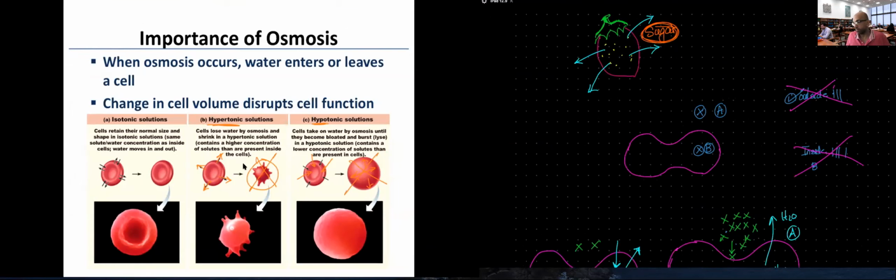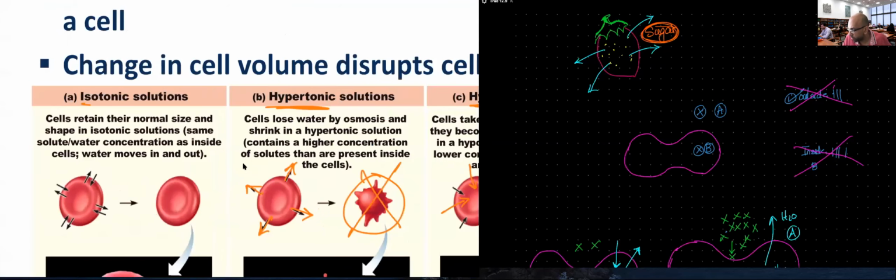Neither. They should be equal. Again, why equal? For me to maintain the shape of the cell. What do we call the solution that has the same concentration of solutes as your cells? This is an isotonic solution.